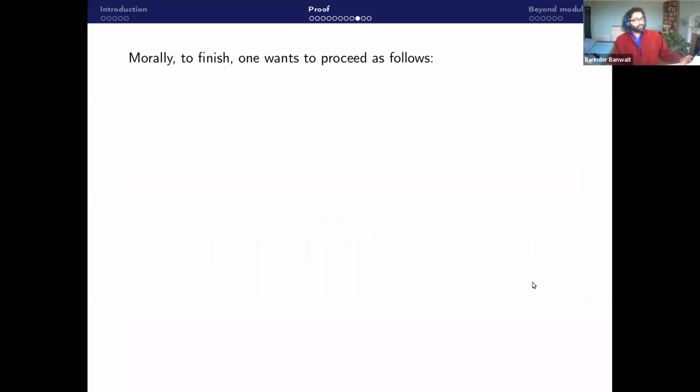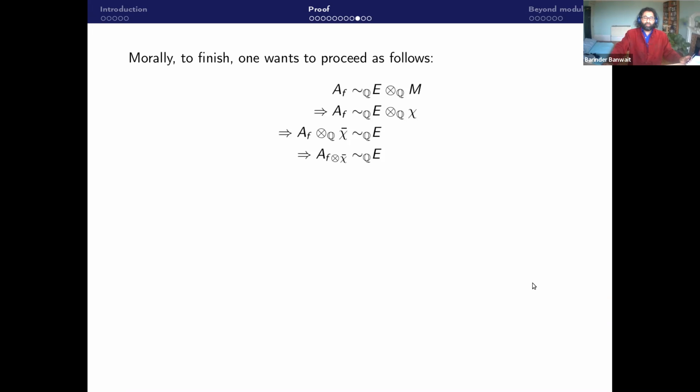So in order to finish, one wants to do something like this. I'll first say that this is not to be taken literally for what I've written here. This is just to give some motivation for what kind of object to look at. So we had this equation, AF is isogenous over Q to this E tensor M, and morally or loosely, M is chi.